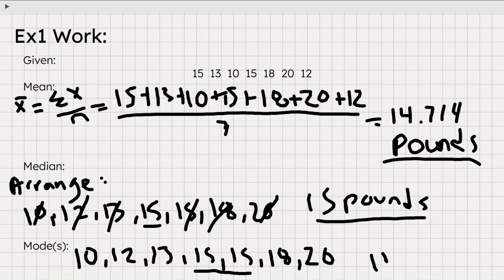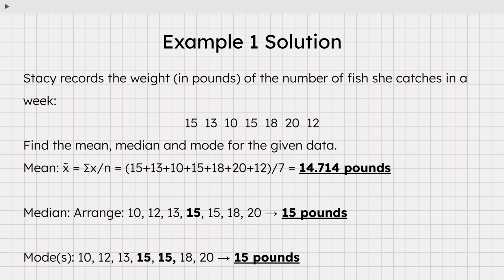So 15 pounds would also be our mode. Now let's check if our equations are correct. As we can see here, 14.714 pounds is the mean, and 15 pounds is both the median and mode.